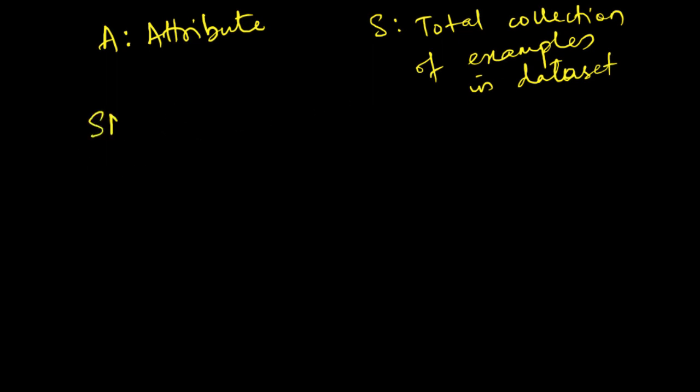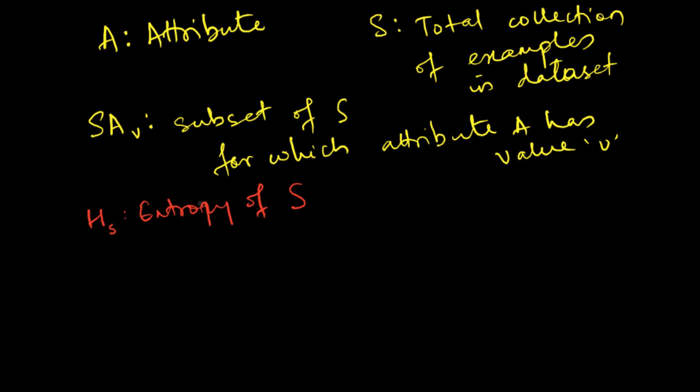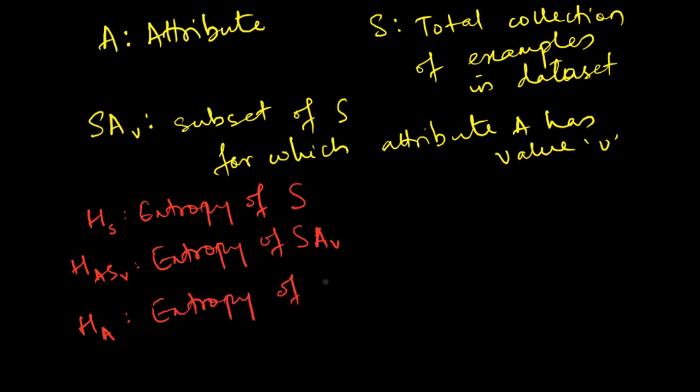Let's say S_A,V represents the subset of S for which attribute A has value V, and let's say H(S) represents the entropy of the entire data set S. H(S_A,V) represents the entropy of your subset S_A,V, and your H(A) represents the entropy of your attribute A.